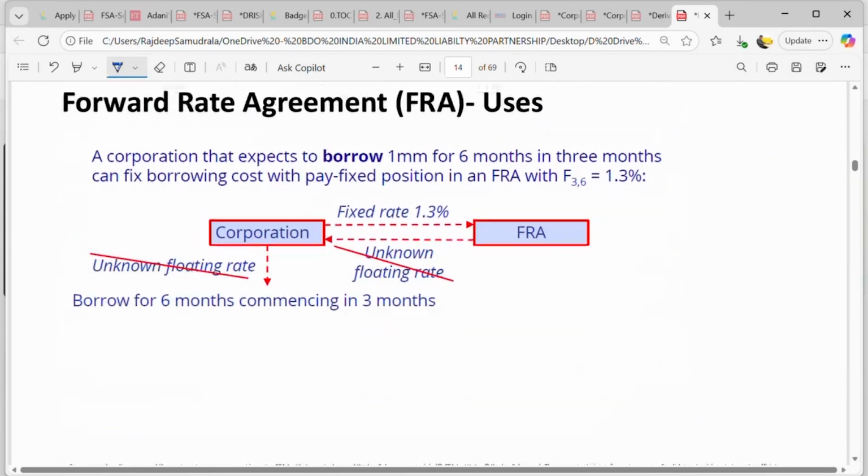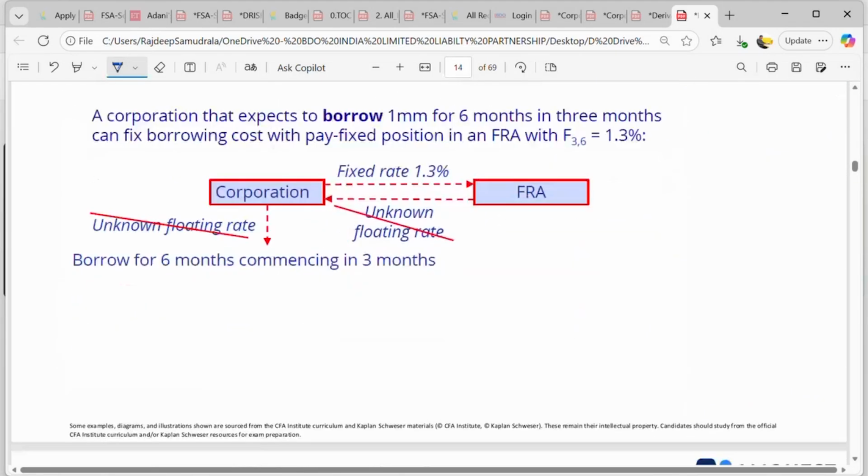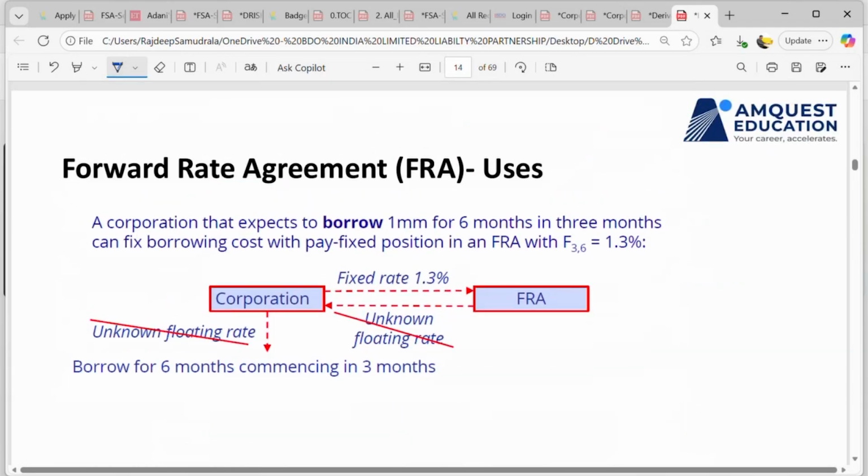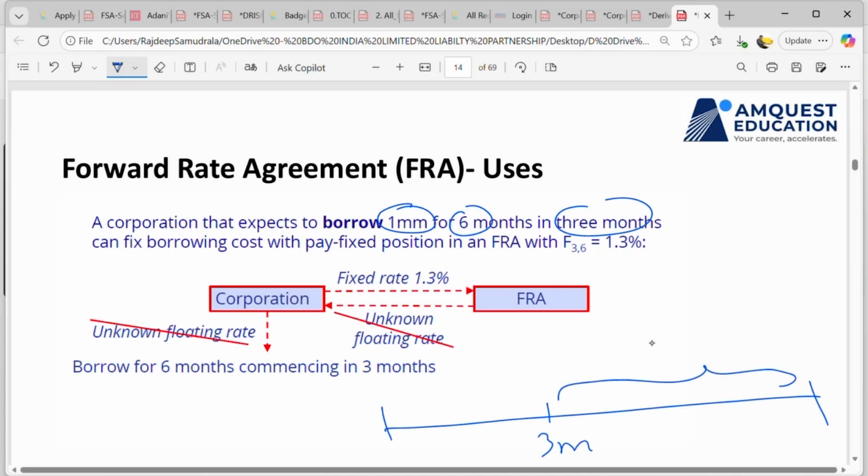So let's try to look at a sum now. We have a company that expects to borrow 1 million for 6 months, in 3 months. So after 3 months, for 6 months, it will take this. So this will be 0, 3, 3 plus 6, 9 months.